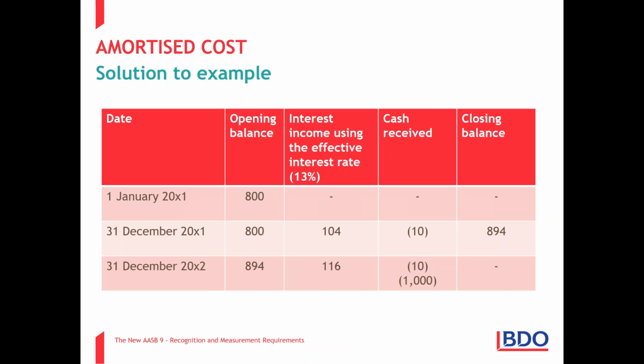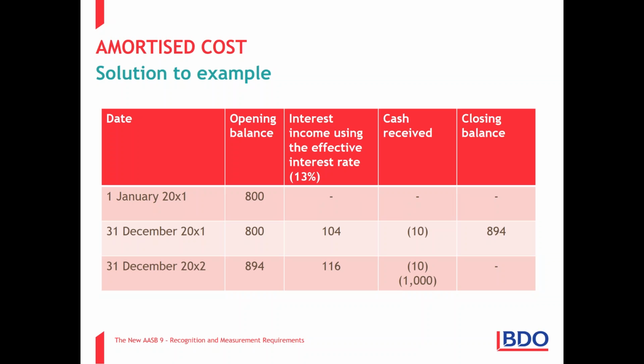So we start, your opening balance or your cash flow at the beginning is your 800. You've got your effective interest rate, which is 104 using the 13% interest. Remember, your cash flow is the 10% based on the loan amount of 1,000. So your cash flow is the 100.